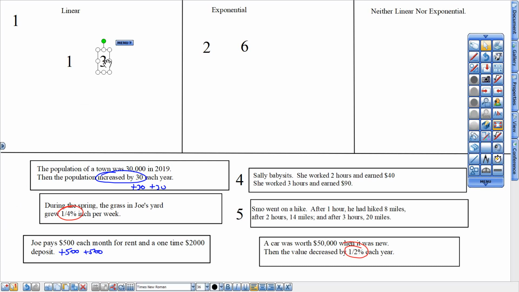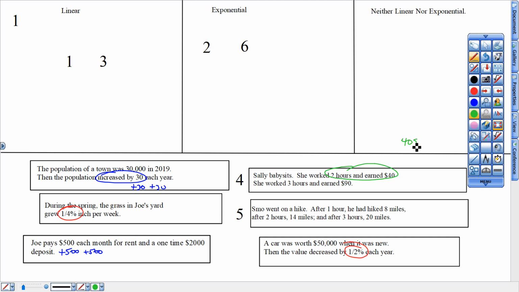If I look at my next ones here, a little bit of math. If I divide 40 by 2, that gives me the rate per hour. $40 in 2 hours gives me $20 per 1 hour. Do the other one. If it's the same, then it's linear. 90 divided by 3 gives me $30 per 1 hour.